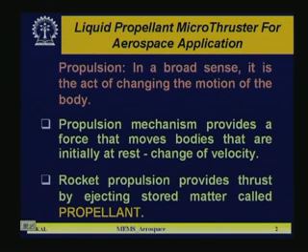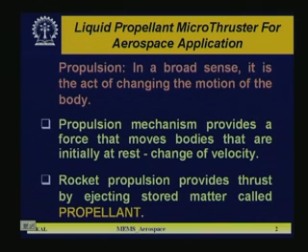You have to apply some force so that the whole satellite can be moved from one location to another. A propulsion mechanism provides a force that moves bodies that are initially at rest, so a change of velocity takes place. That is propulsion: changing velocity or motion from rest so that bodies which were initially at rest will move.